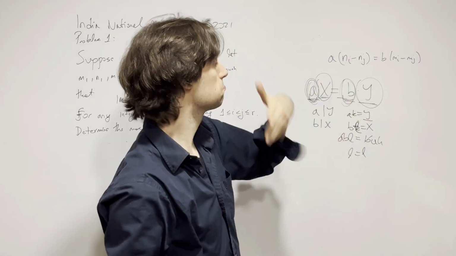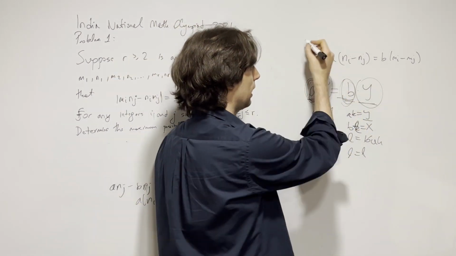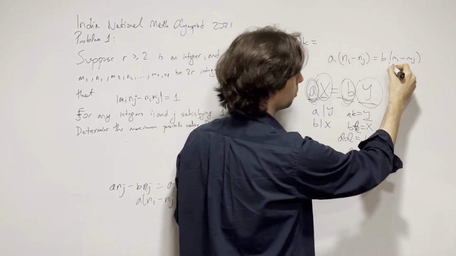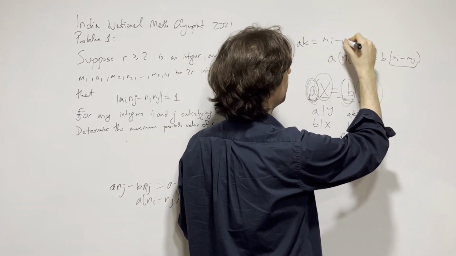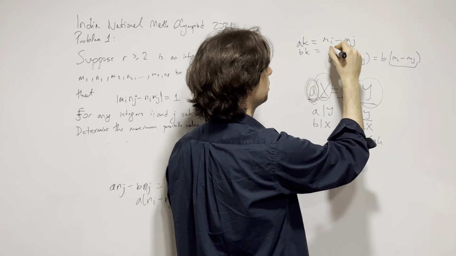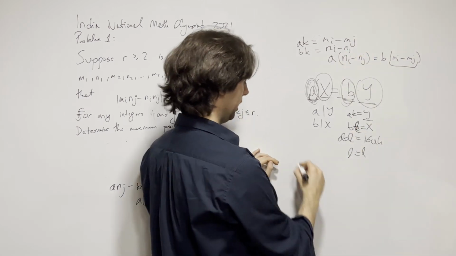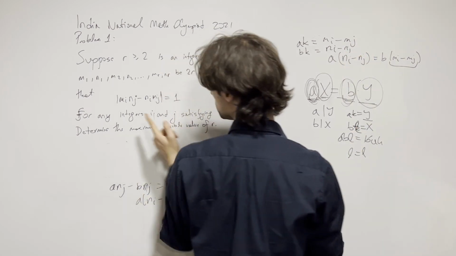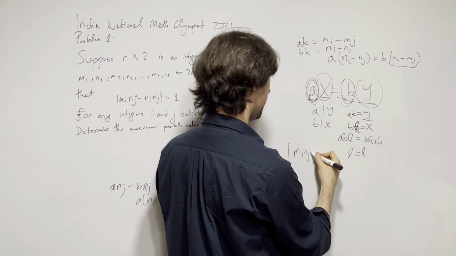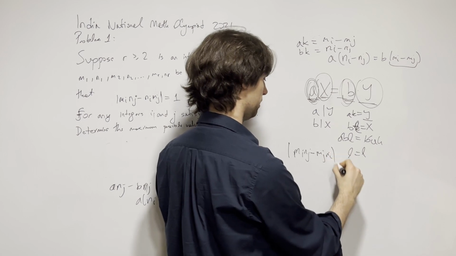And here, that could potentially be something interesting. Now we have that a times k is equal to Mi minus Mj, and b times k is equal to Ni minus Nj. Now, can we look at what happens when we have Mi Nj minus Mj Ni?